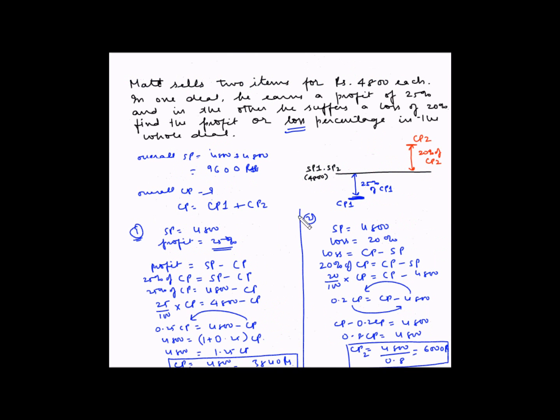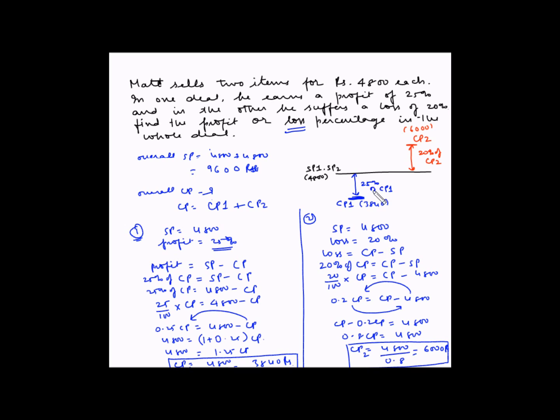Now let's try to see what we started to understand here with this diagram. So our CP1 is 3840, and our CP2 is 6000.